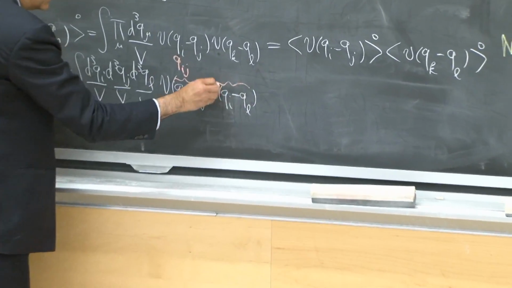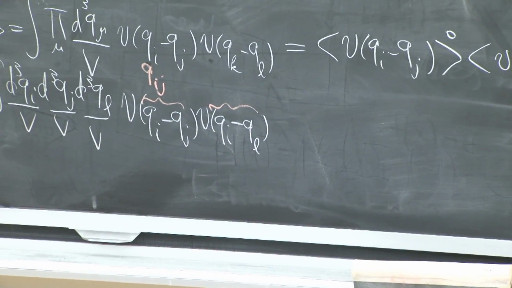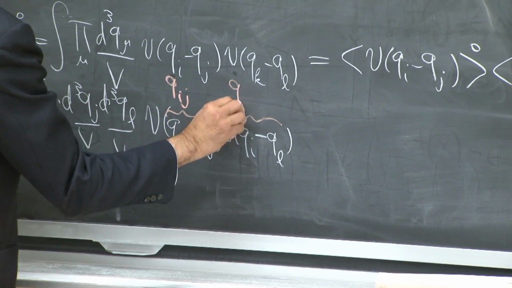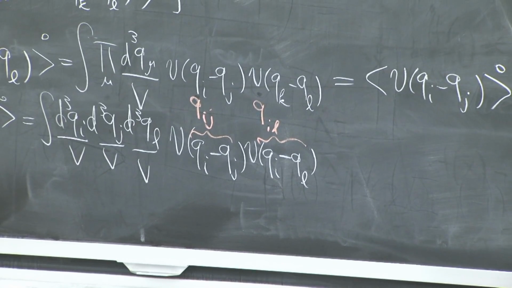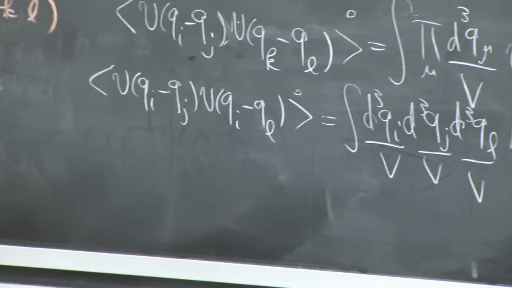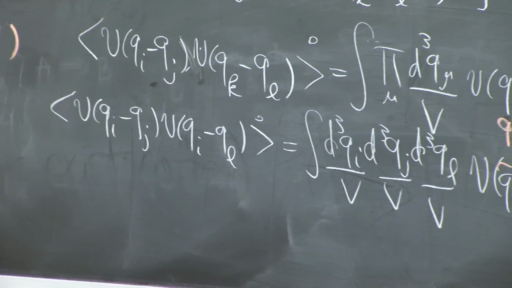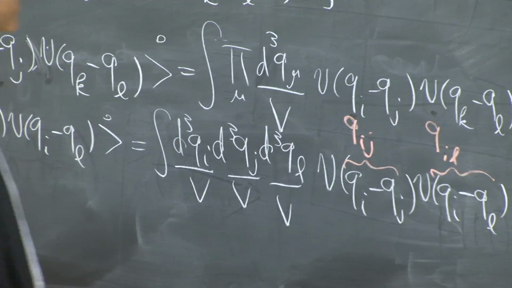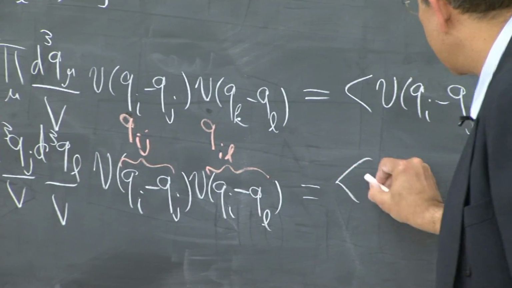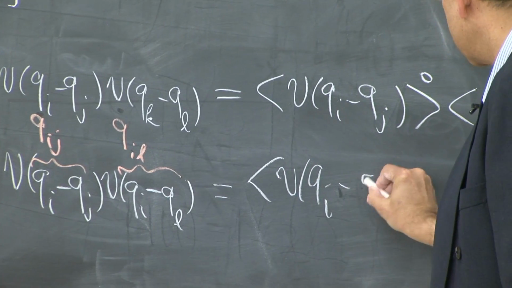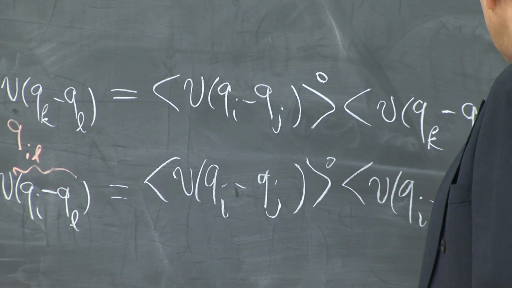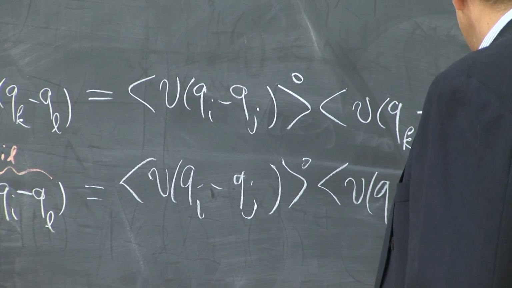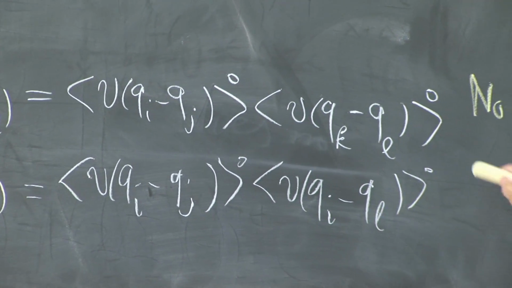I replace ql with its distance to i. And again, I can independently integrate over these three variables. And so this again becomes the same thing as v of qi minus qj average, times v of qi minus ql average. And again, there is no contribution.